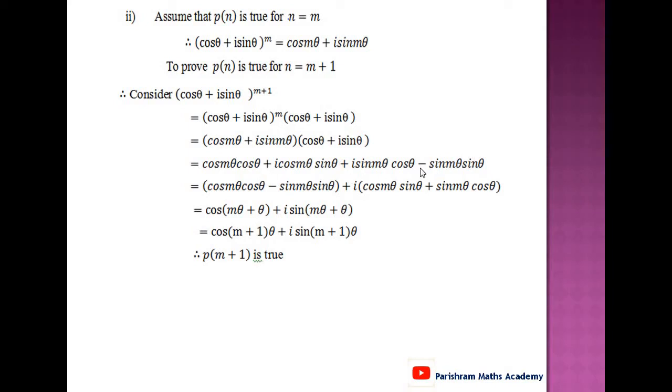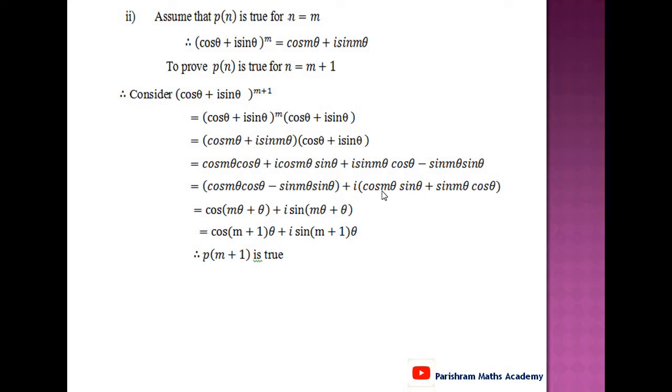The first term and the last term are real terms. From the middle two terms we can take i as common, and therefore we get cos of m theta into cos theta minus sin of m theta into sin theta, plus i into cos of m theta into sin theta plus sin of m theta into cos theta. But by the formula for cos of a plus b, the value of the first bracket term, cos of m theta into cos theta minus sin of m theta into sin theta, is cos of m theta plus theta.